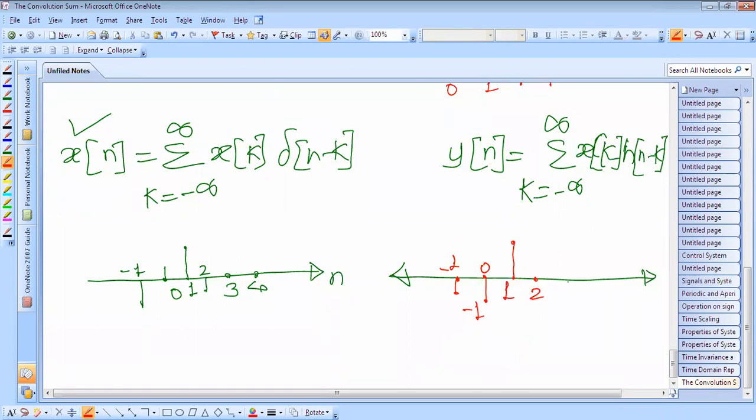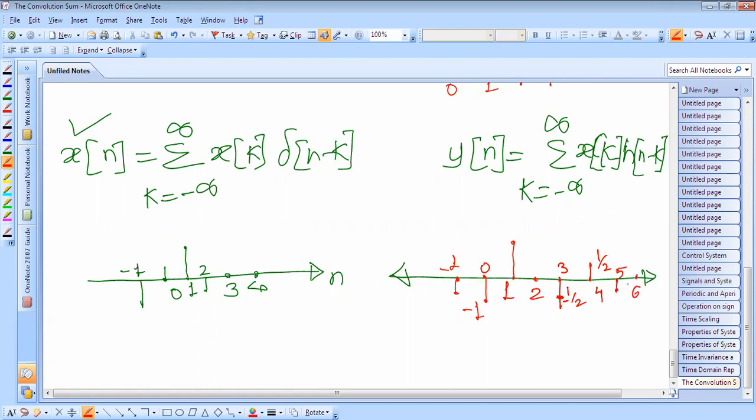At 2, there is no signal. At 3, it is not minus 1, it is minus half. And at 4, it is also plus half. Actually this is 1, 2, 3, 4, 5, it is minus half.